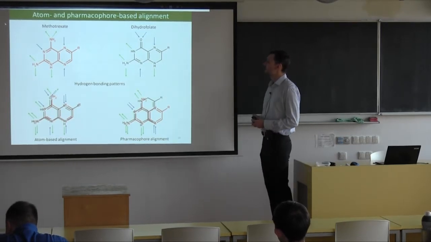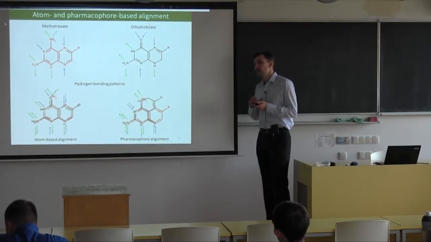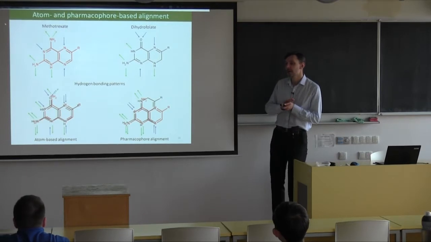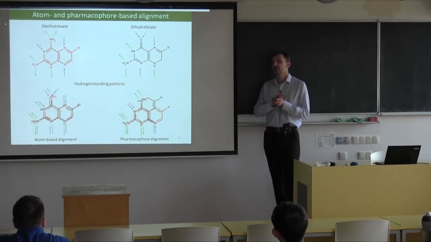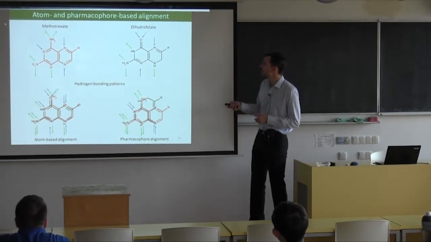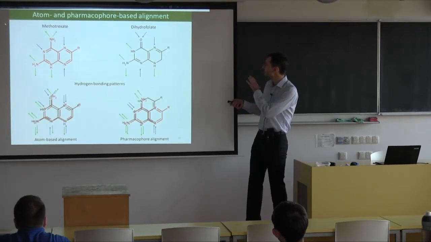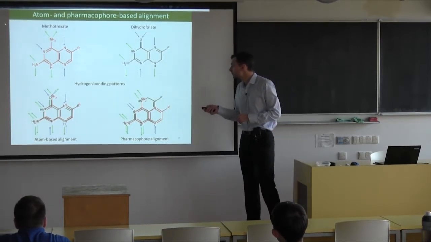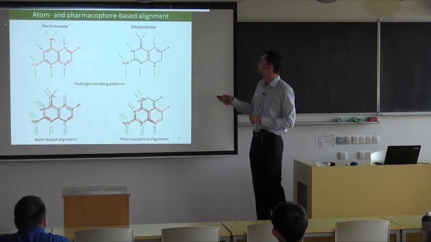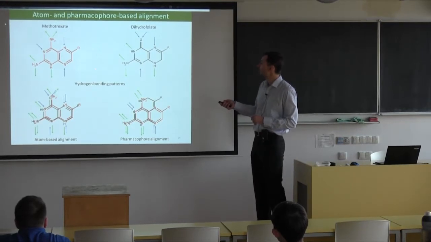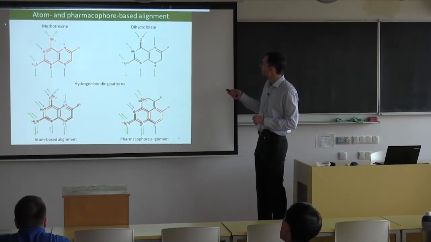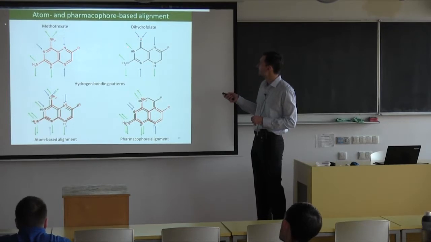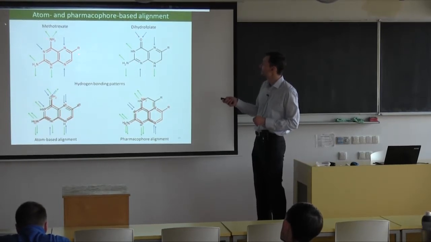Here is a nice example of how atom and pharmacophore alignment compare. Here are just two fragments of two compounds which act on the same protein. If you look, the donors and acceptors are labeled by these arrows.